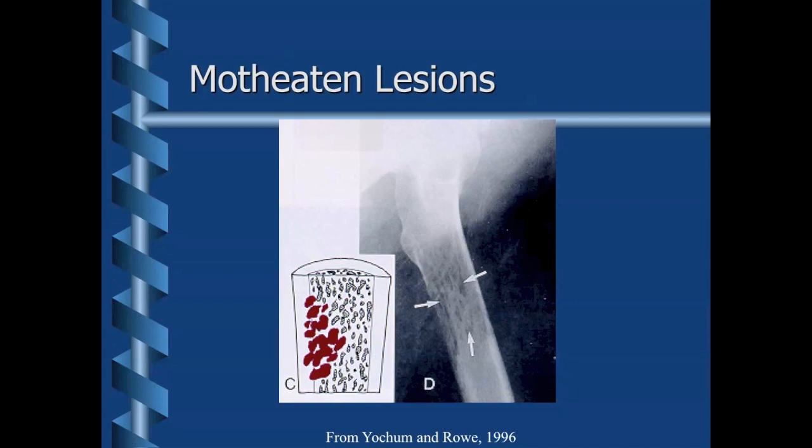The red areas are the moth-eaten areas, and the black or grey areas are just trying to demonstrate what the normal cancellous bone would look like, which has little holes in it normally, but the red area is the moth-eaten part in this particular example.